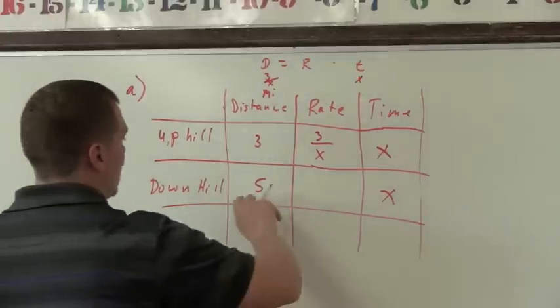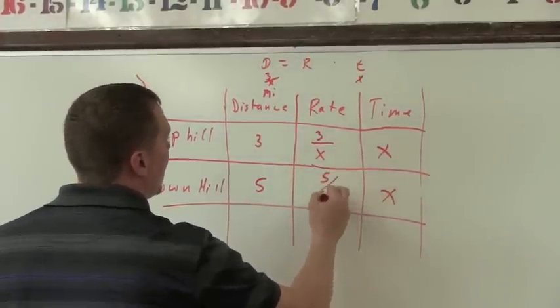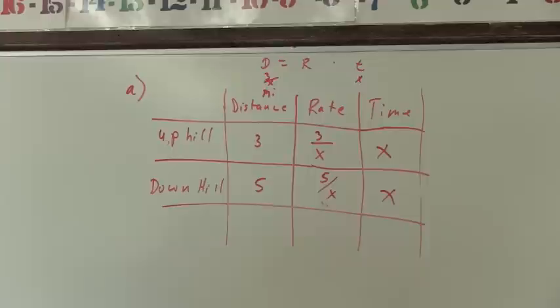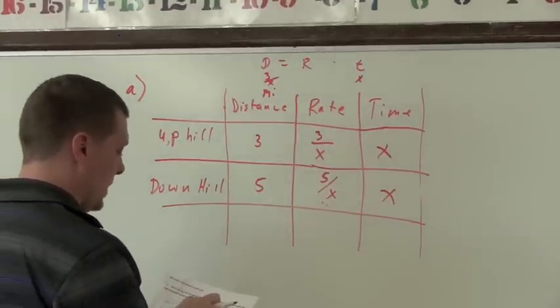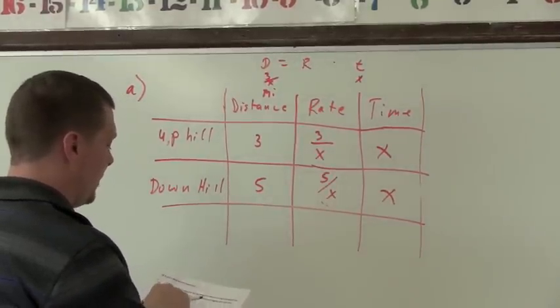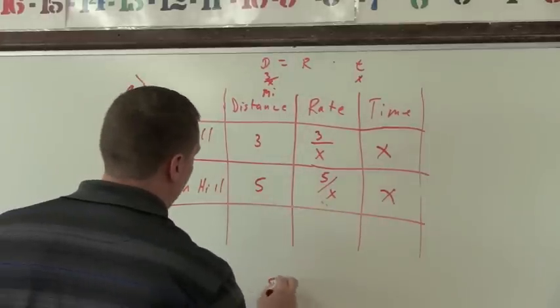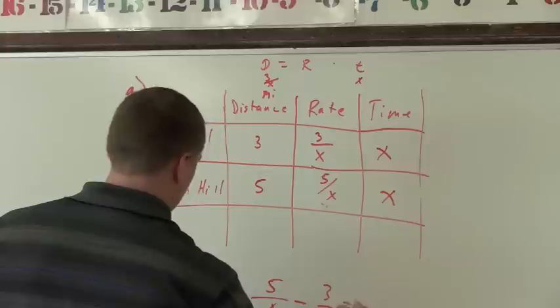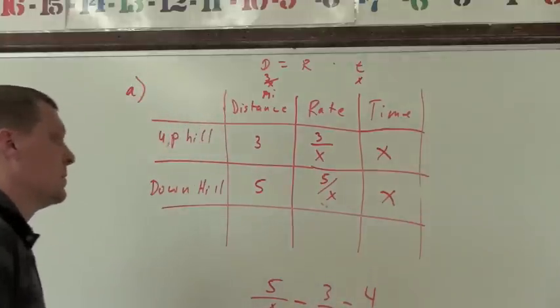And the same thing with the downhill. My distance is 5, my time is x, so my rate would be 5 over x. Now it says she jogs downhill 4 miles an hour faster than she jogs uphill. So 5 over x minus 3 over x equals 4, which is 4 over 1.